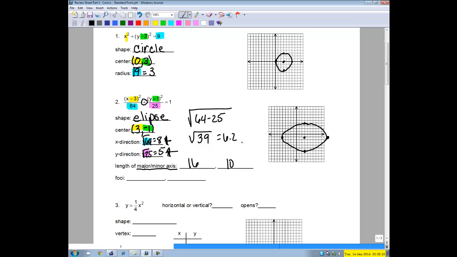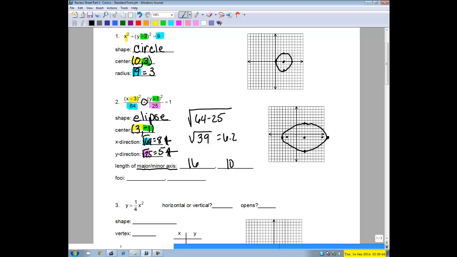So what we're going to do is go in the direction of the major axis. In this case, since it's hamburger shaped, we're going to go left and right. 6.2. So 1, 2, 3, 4, 5, 6, and then 0.2. And the same on the other side. And then we write those 2 points for our foci.